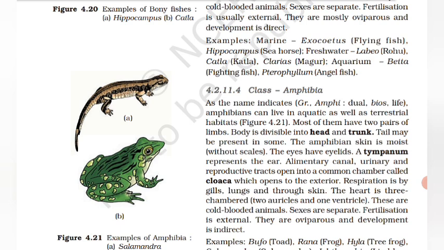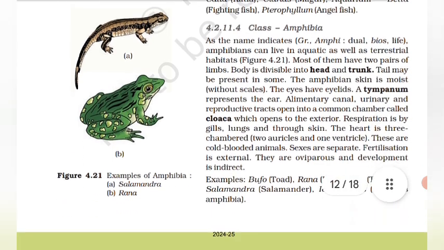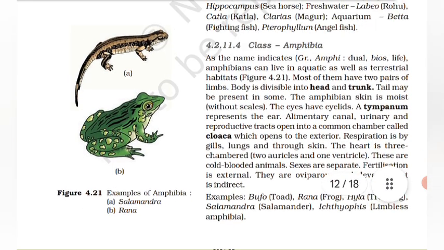They are oviparous and development is direct. Examples of the class Aves are Corvus, crow, Columba, pigeon, Psittacula, that is parrot, Struthio, that is ostrich, Pavo is peacock, Aptenodytes, that is penguin, Neophron, that is vulture.